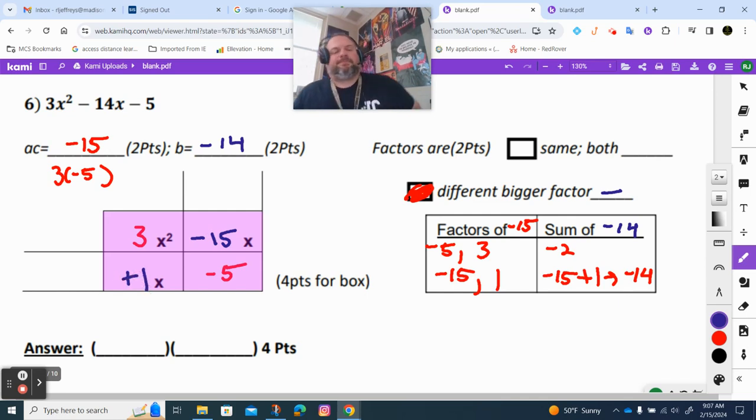All right. So now let's factor. Going this way. What's the biggest number I can take out of 3 and 15? Yeah, I am going to take out of X, but I'm going to take out a 3 also. What's the biggest number I can take out of 1 and 5? 1.